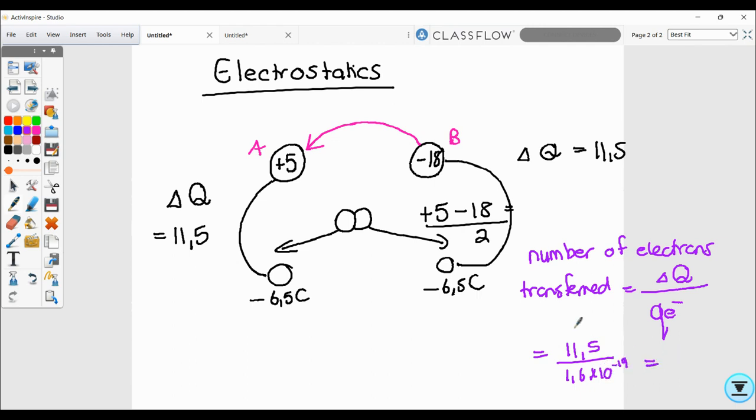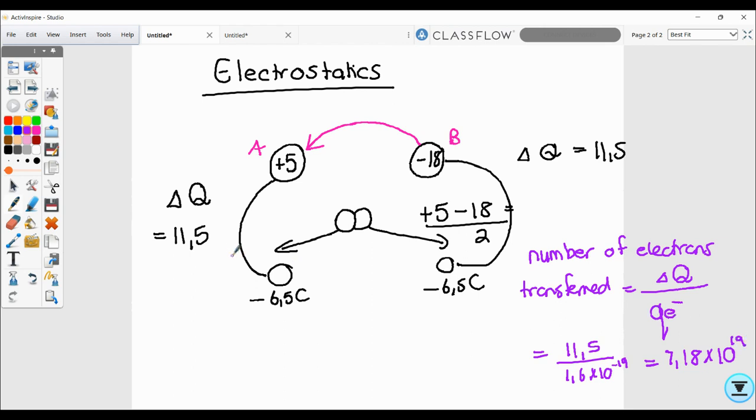Are you going to get a huge value or a small value? 7,19 times 10 to the 19.